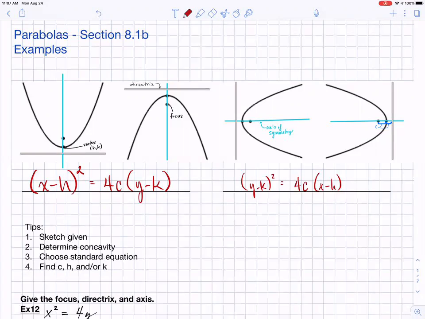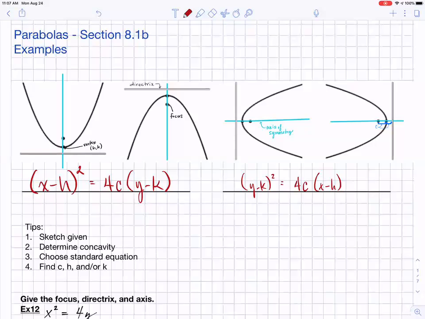It's the distance between the vertex. What do we call the vertex? Oh, it's not a center, it's a vertex, but still, what do we name it? HK. It's like the most important point, kind of like in the circle, the most important point is the center. In the parabola, the most important point is the vertex. Okay, and so we name it HK. So C is the distance from that guy, the vertex, to the focus. It's also the distance from the vertex to the directrix.